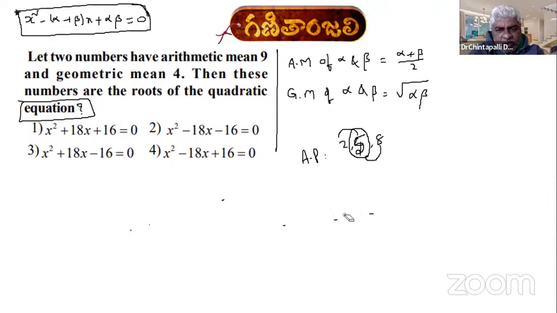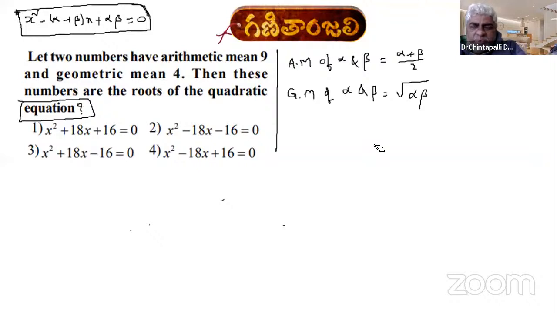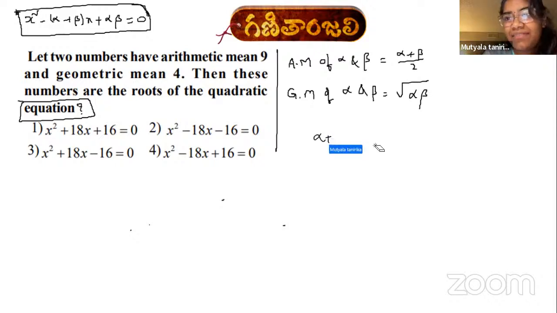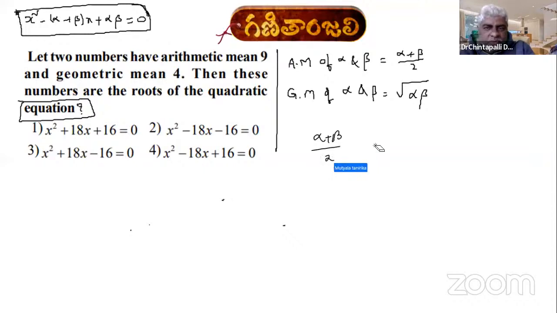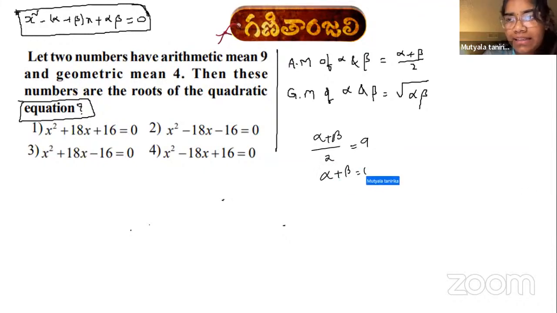Now try to solve this sum on your own. What is given? First point, arithmetic mean is 9. That means alpha plus beta by 2 is equal to 9. Write that statement. Alpha plus beta by 2 equals 9. Okay, alpha plus beta equals 18. Very good.